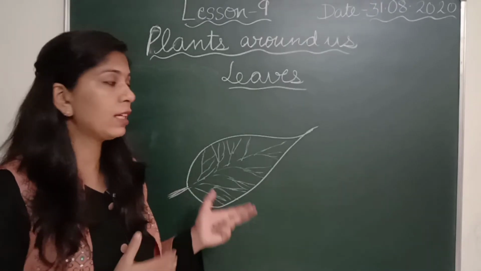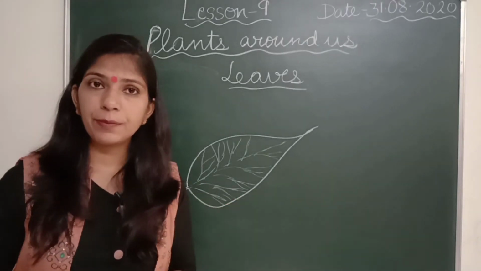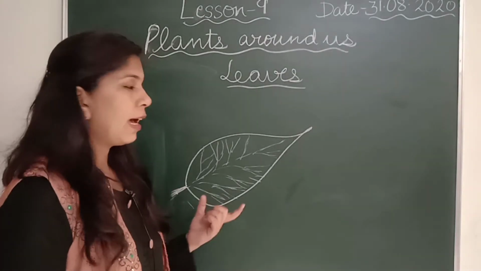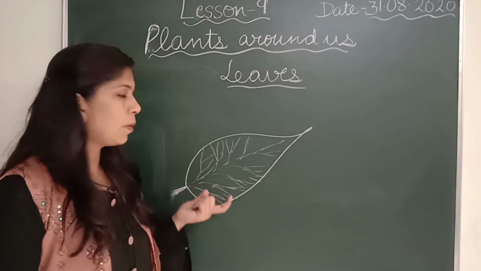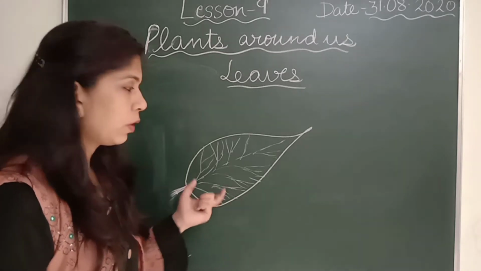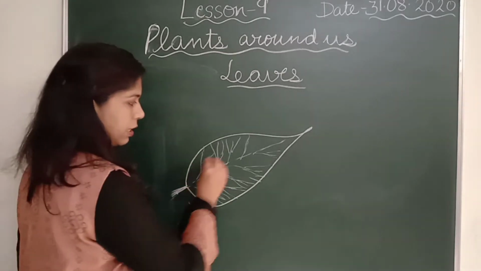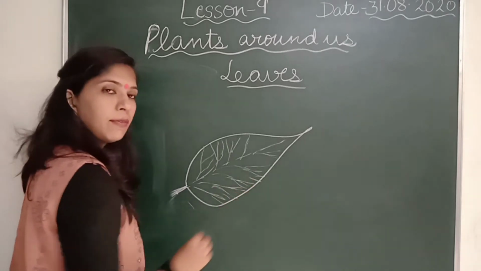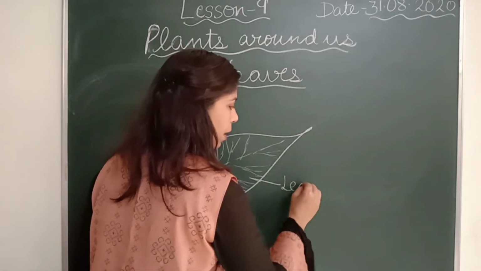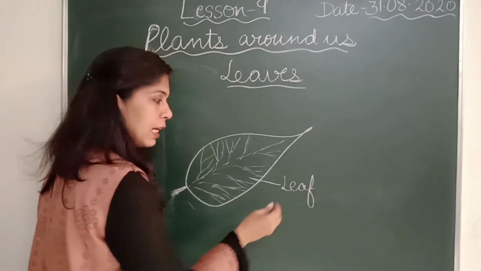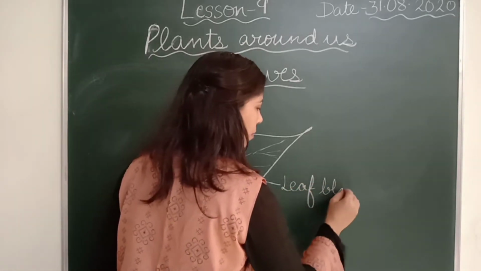Different plants have different kinds of leaves. As I explained to you in the last class the parts of a flower, today I'll explain to you about the parts of a leaf. Okay, so this is your leaf. This flat surface of the leaf, what do we call it? We call it leaf blade.